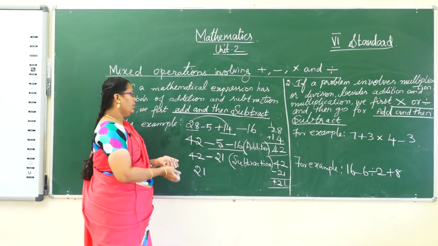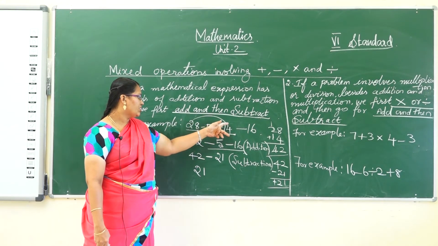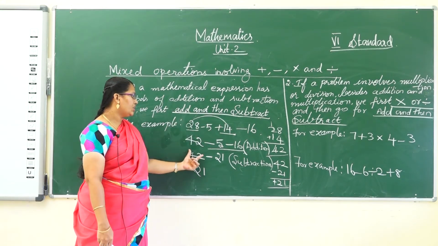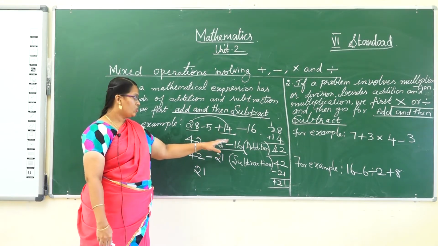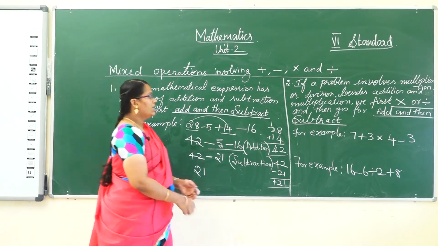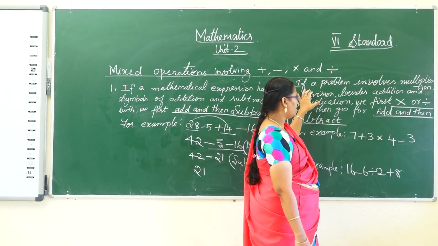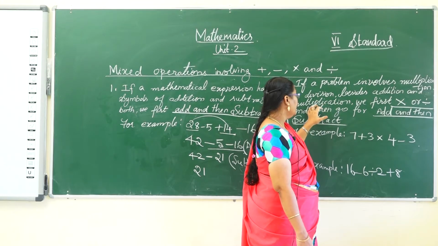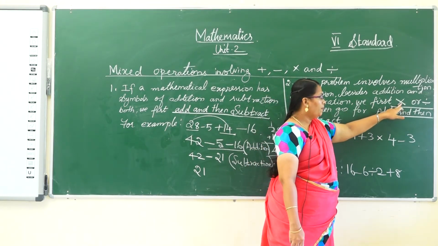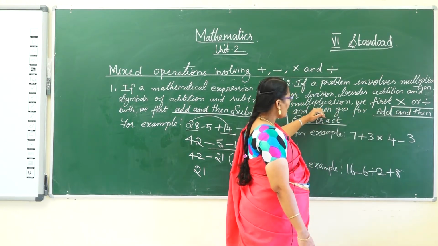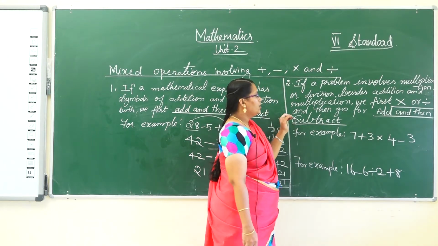So given any expression that contains addition and subtraction, first preference to addition. First add the given numbers, after that subtraction. And the second condition: if a problem involves multiplication or division besides addition and subtraction, first preference to multiplication or division, and then go for addition and then subtraction.